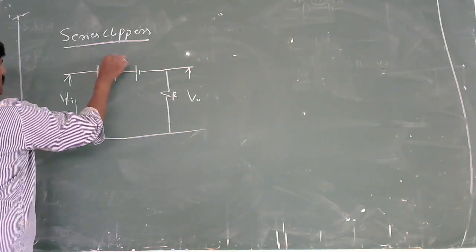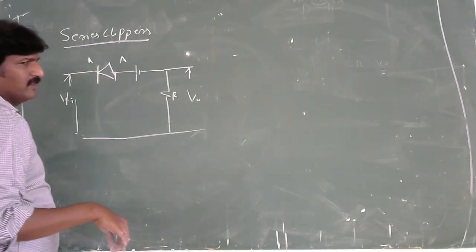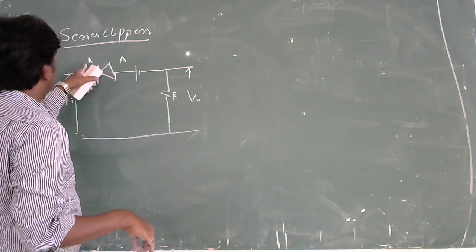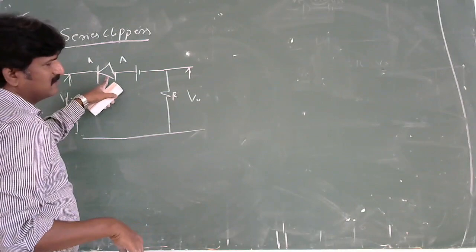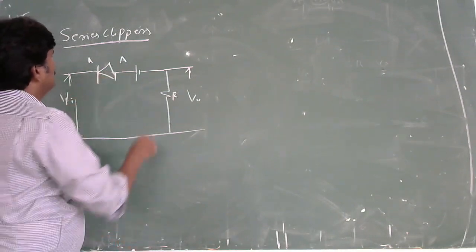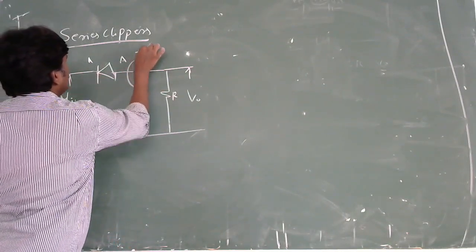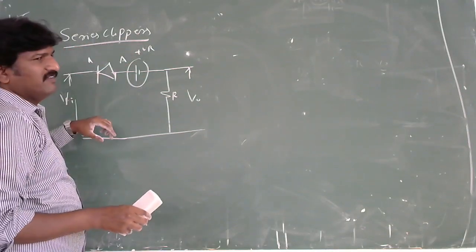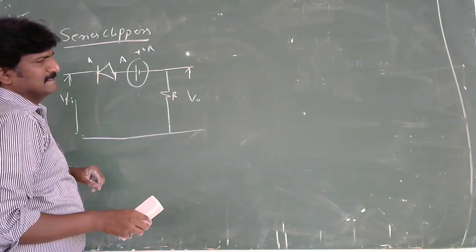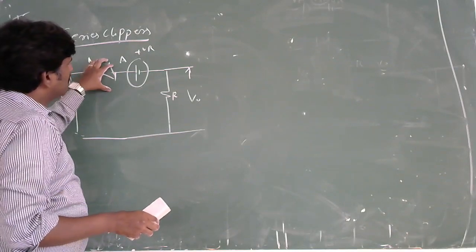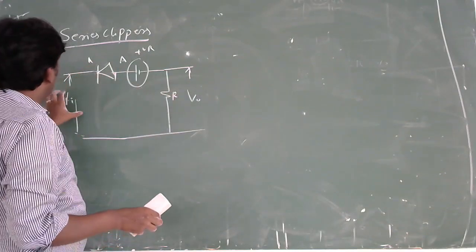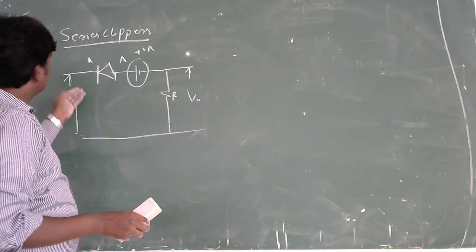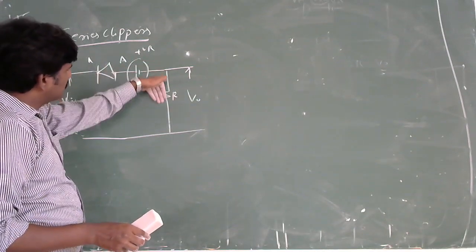This one is the anode voltage, this one is the cathode voltage. If the anode voltage is greater than the cathode voltage, the diode will conduct. Here the anode voltage is the plus V reference voltage. It means that if the cathode voltage is lesser than the plus V reference, the diode will conduct. When the diode conducts, what is the output? Output follows the input, because the current passes through the diode as well as the resistor.